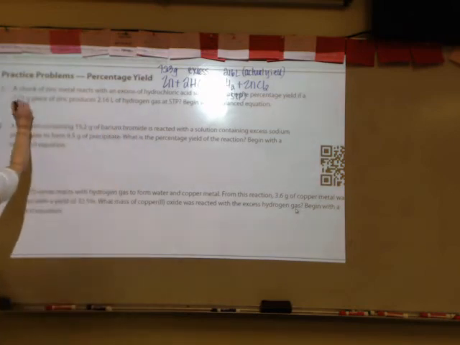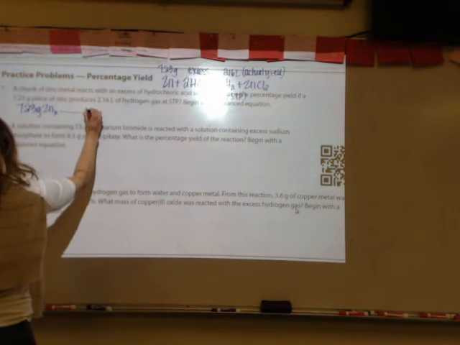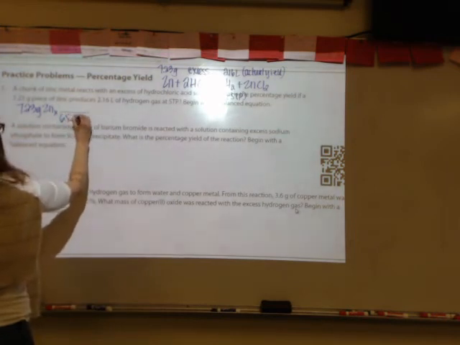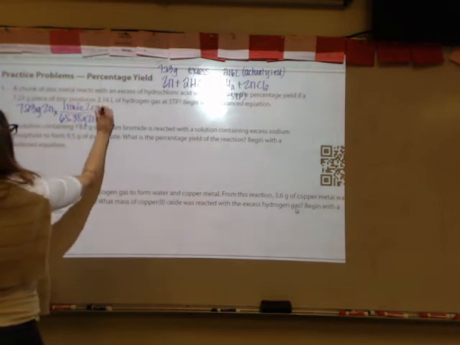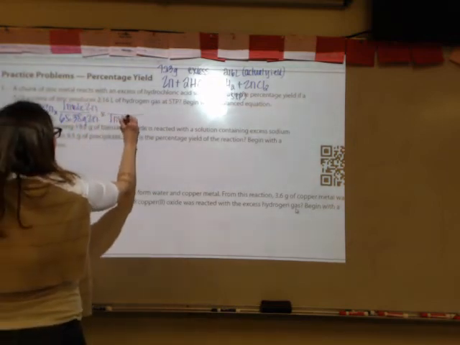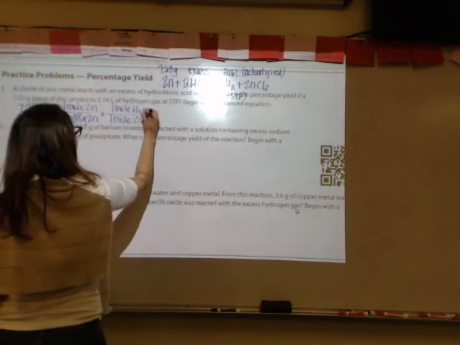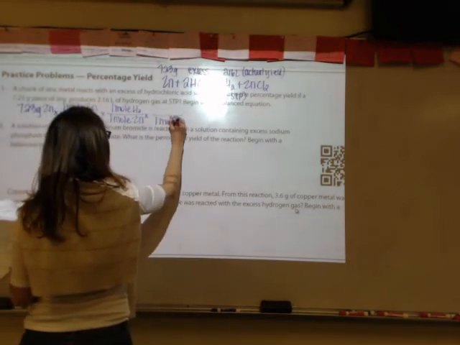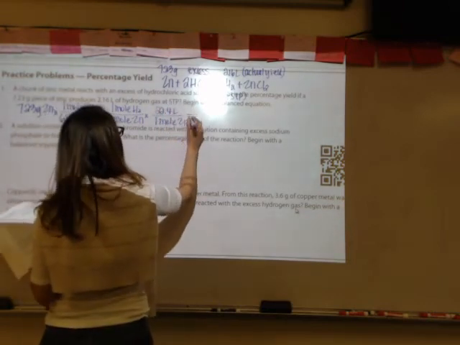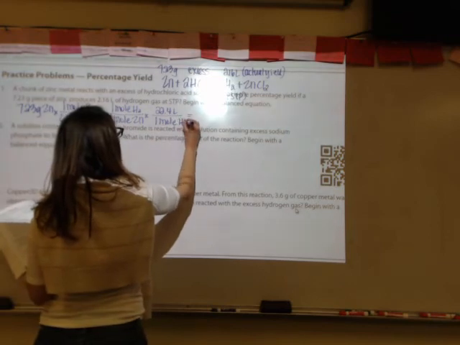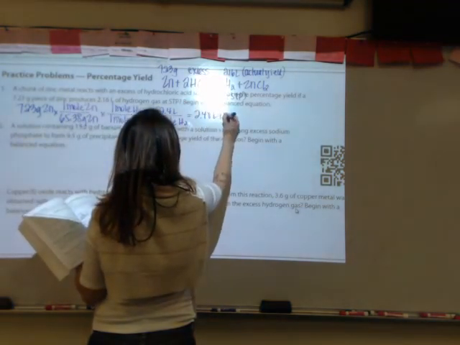So I'm going to take the 7.23 grams of zinc and convert that to moles. Then I'm going to do a mole ratio from zinc over to hydrogen gas. And since I'm at STP, I can use 22.4 liters. That's going to give me 2.48 liters of hydrogen gas.